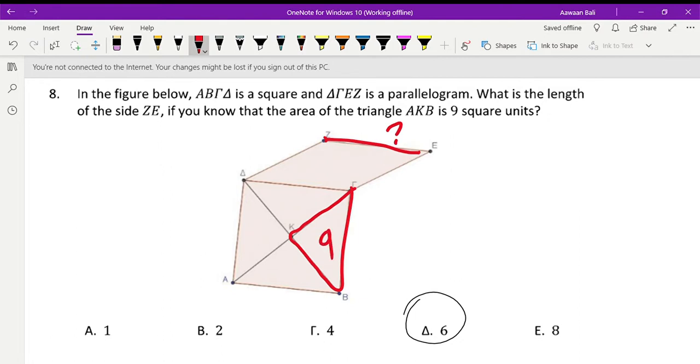Okay, so basically, in questions like these, we have to piece things together.